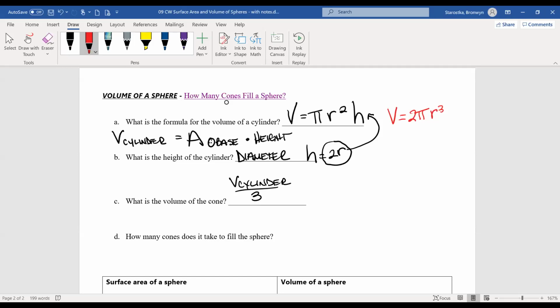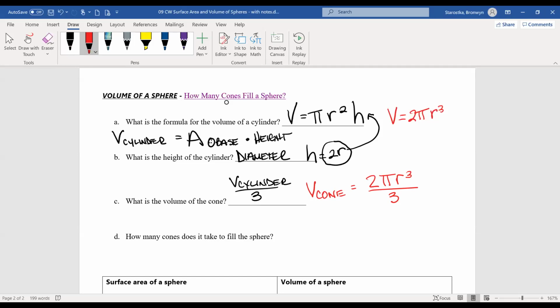So we could say that the volume of the cone equals 2 pi r cubed divided by 3.